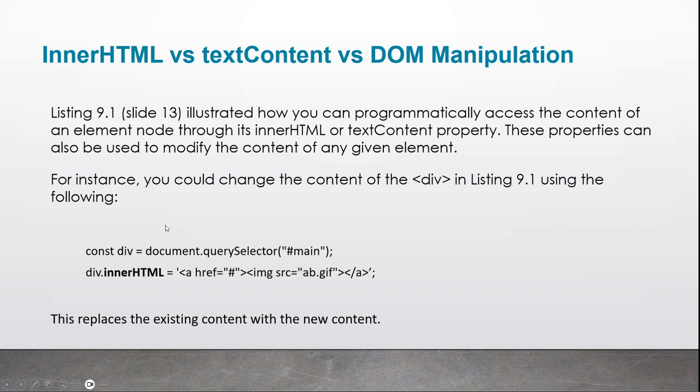So what we're doing is creating a variable named div, grabbing it with the ID of main, and then setting the inner HTML, so anything between that div with the ID of main opening tag and closing tag, replace it with this. So it would create a link with an image in there. And again, this replaces. It does not add to, it replaces.